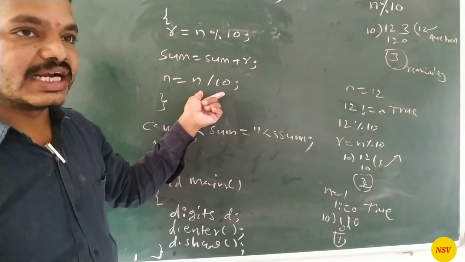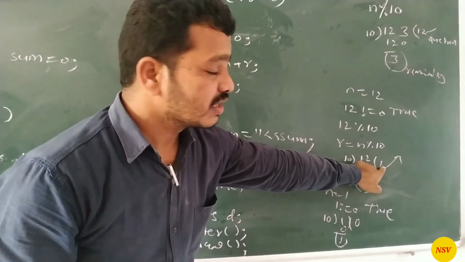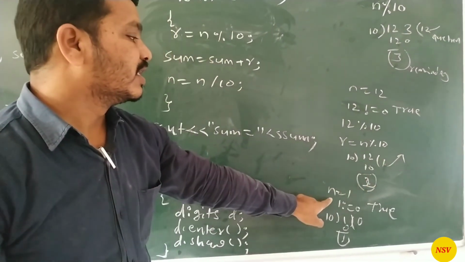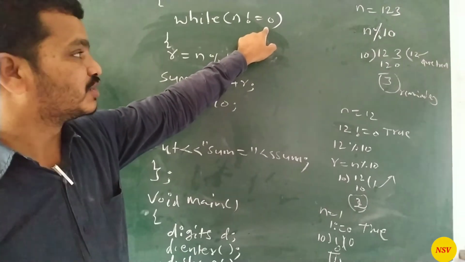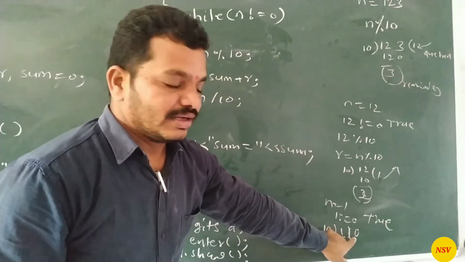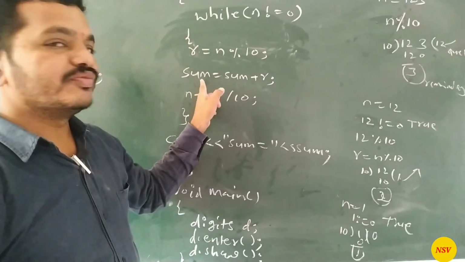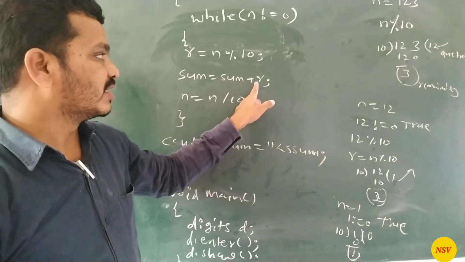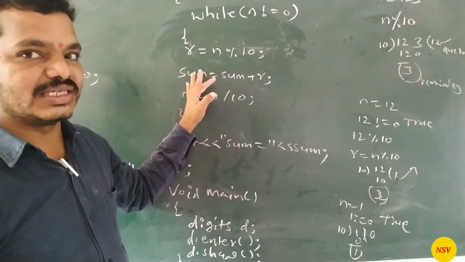Again n is equal to n division 10. The division operator returns the quotient value. Now the n value is 1. 1 is not equal to 0, the condition is true. Again the modulus operator returns remainder value 1. Then the sum value 5 plus 1 is 6. Finally the sum variable holds the value 6.